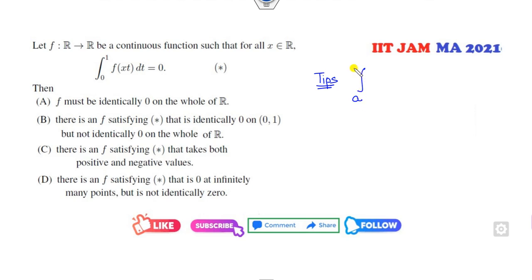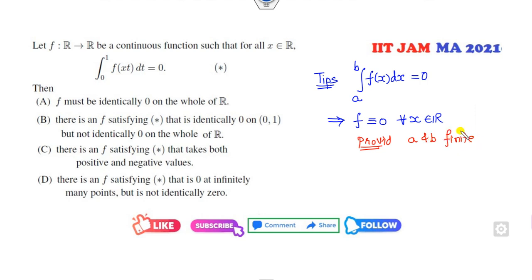Okay, f is a continuous function such that the integral of f of x dx is 0. Always remember, whenever the integral of f of x dx is 0 for all intervals, it will give you f identically 0 for all x in the domain, provided one condition: the limits a and b should be finite. You can see a and b are finite, so this condition is satisfied. F of x is 0, what does it mean?